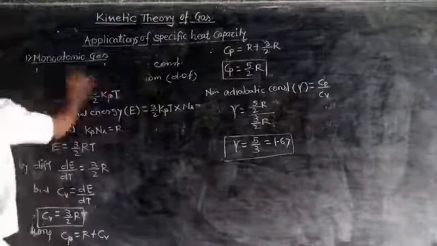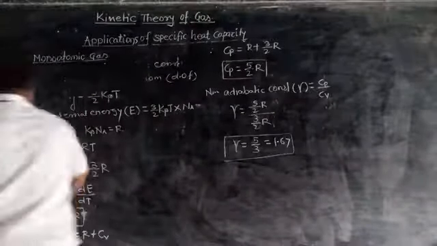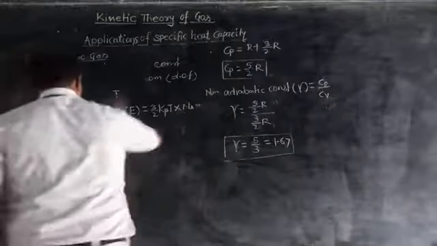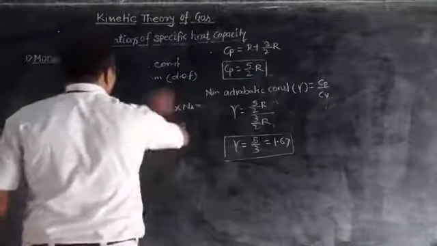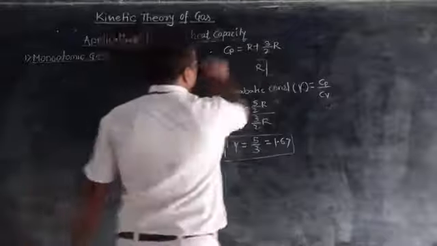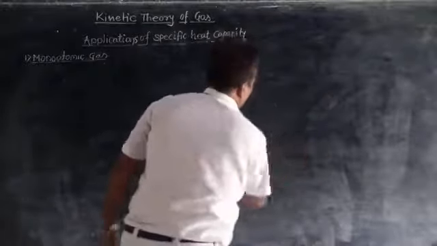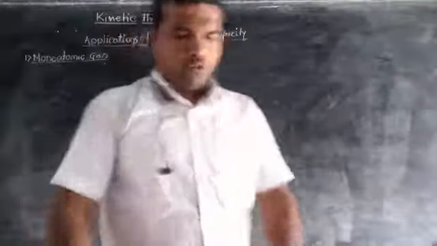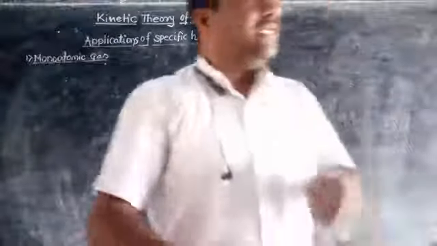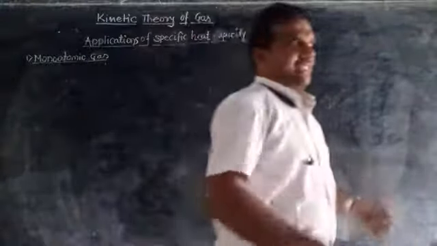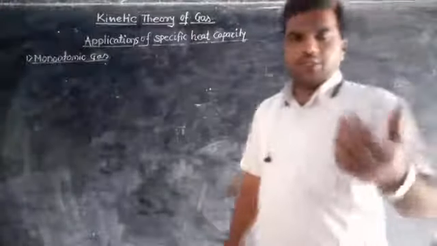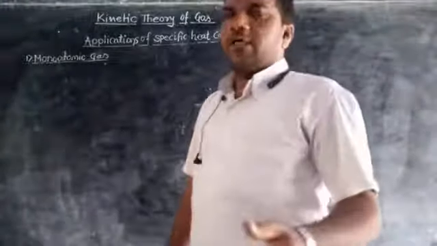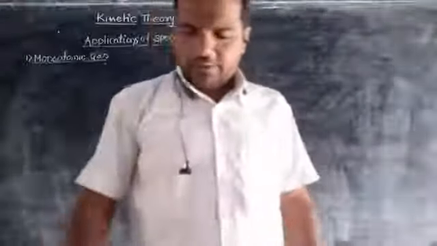Similarly, if we consider diatomic gas, it means this gas molecule consists of 2 atoms. So we consider diatomic gas. There are 2 types of diatomic gases. One is they may be rigid rotator, or they may not be rigid rotator.